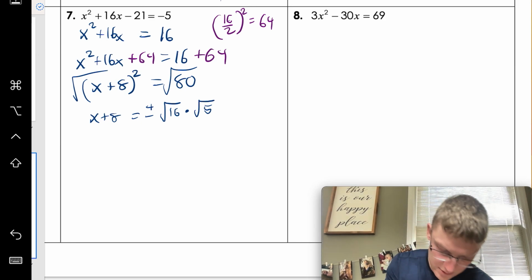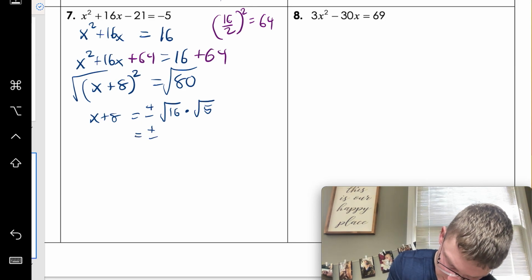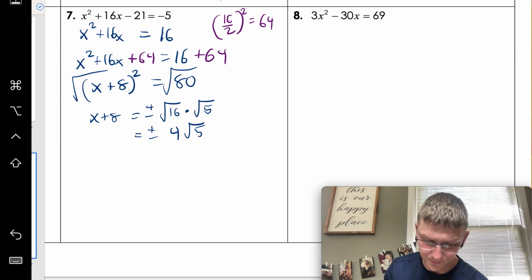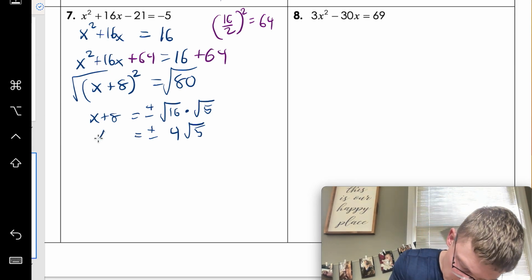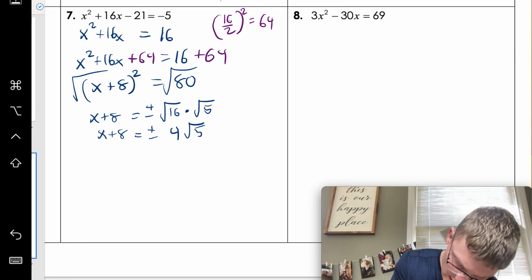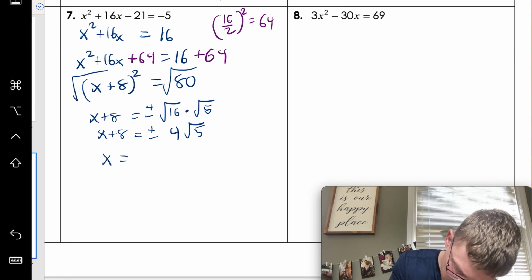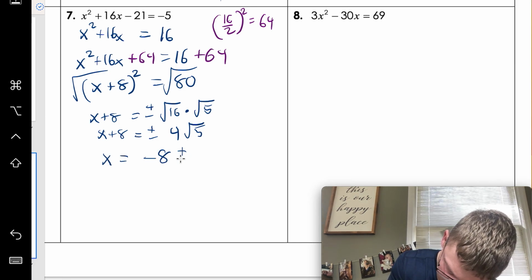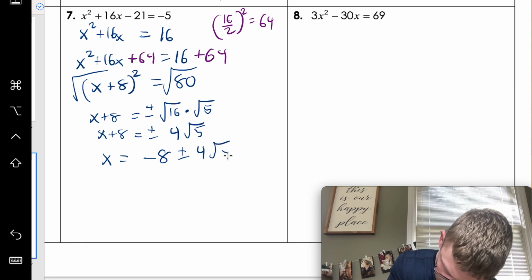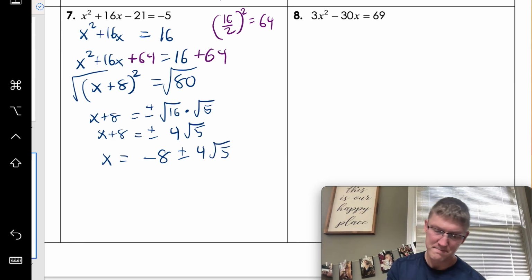And that would simplify to plus or minus 4 square root of 5. Okay, so that's fine. We bring our x plus 8 down, we move the 8 over. We have x equals negative 8 plus or minus 4 square root of 5. And that's your answer. Remember, that does count as 2 answers.